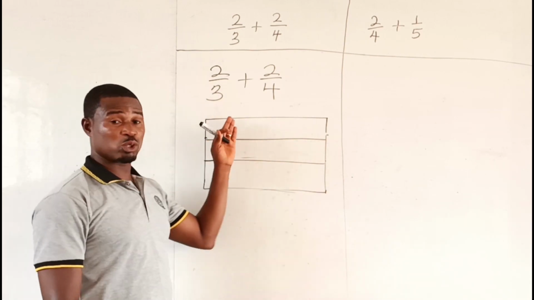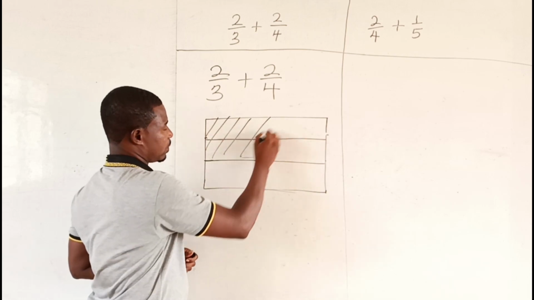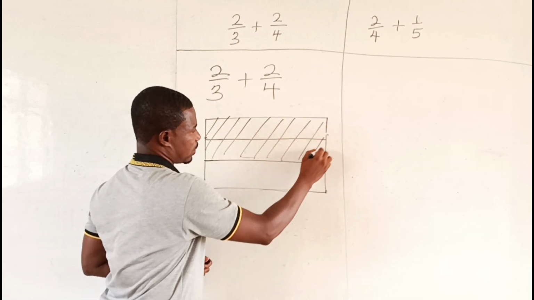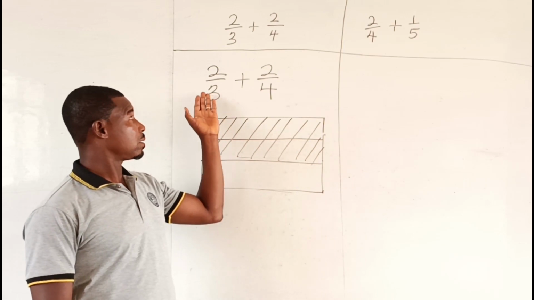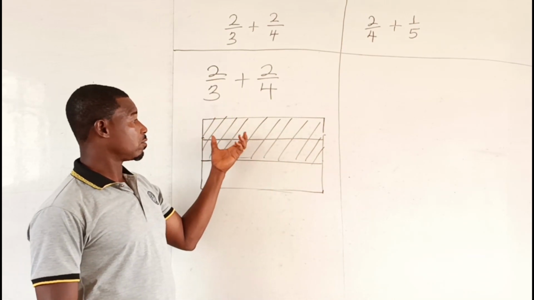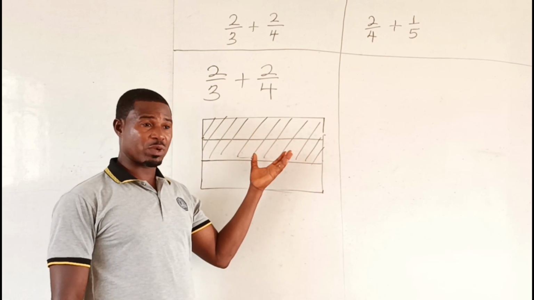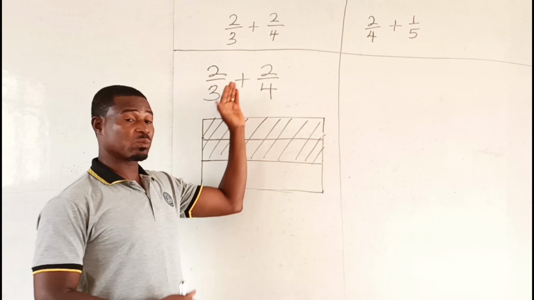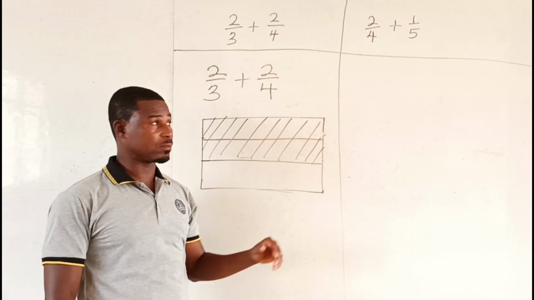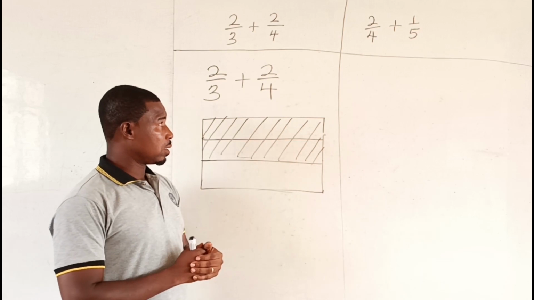So now we are going to shade 2 parts. So we are done dividing the whole into 3 and shading 2 parts of the whole that we have divided. Let's move to the next fraction. The next fraction says 2/4.